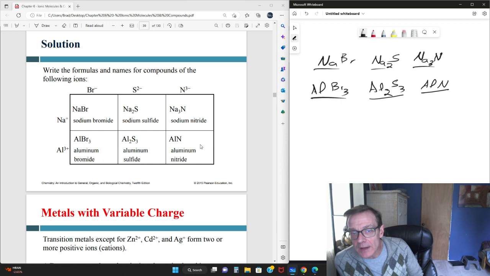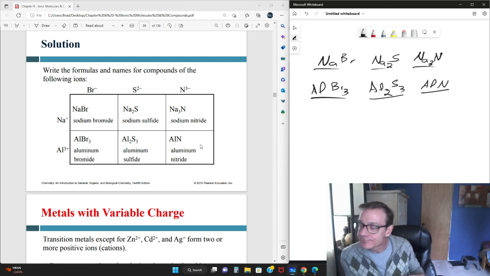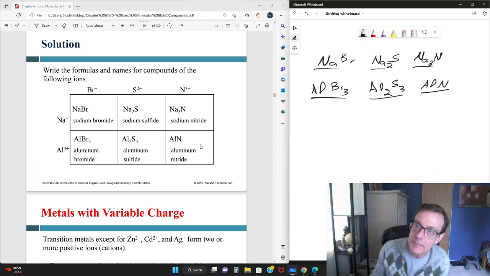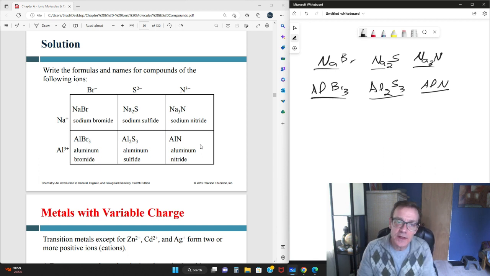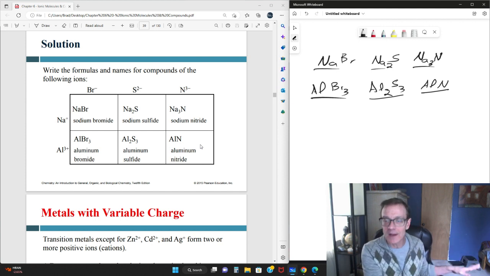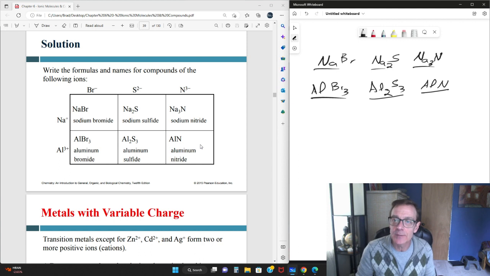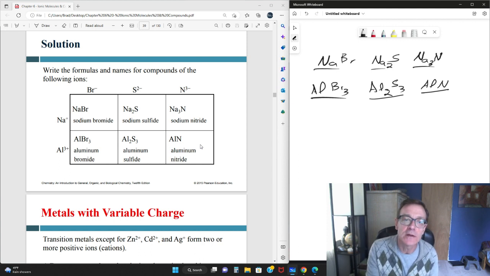But you'll also know that if they're putting a positive charge, you're looking at a metal, because the metals are all giving up electrons to become cations. That's another rule of thumb, a shortcut to figure out which one is the metal. But it's always good to know why it's a metal and where it is on the periodic table to explain what's going on chemically.